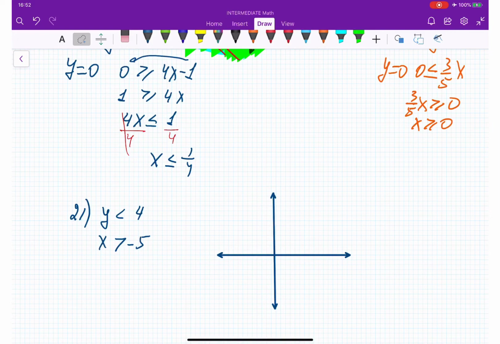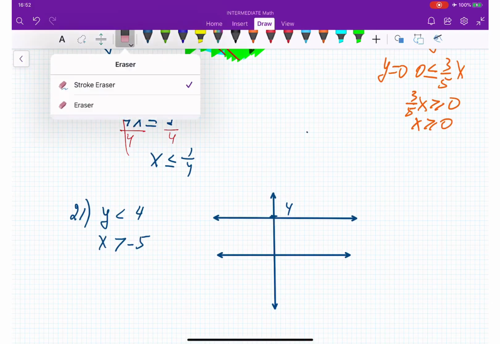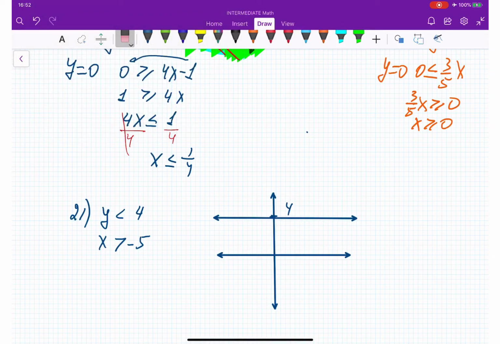So y is less than 4. Let's say this is 4. It's going to be dashes. Okay, let me see if I can make dashes with this, because equal sign is missing. Okay, so less than 4, it's going to come down like that.